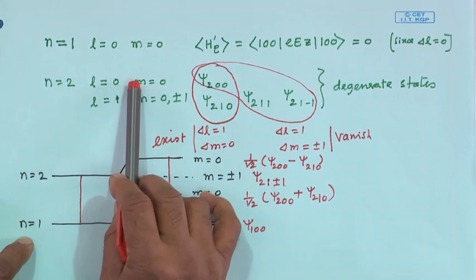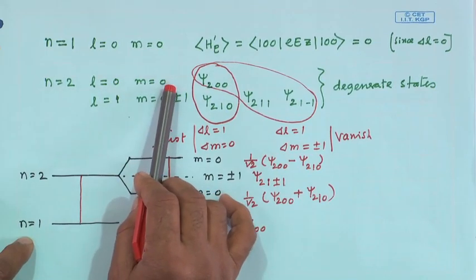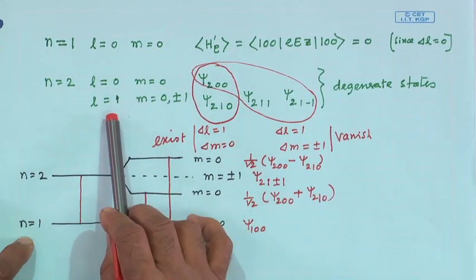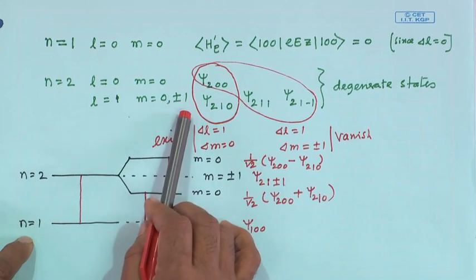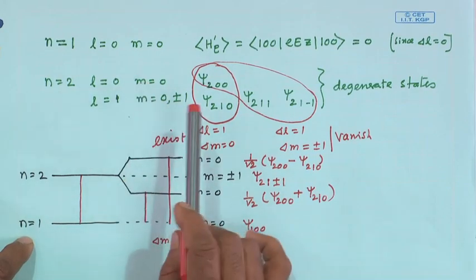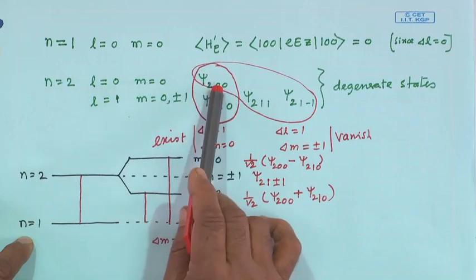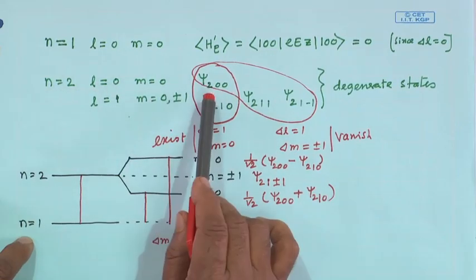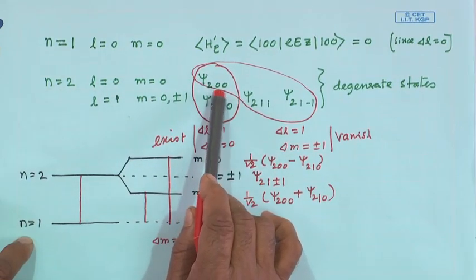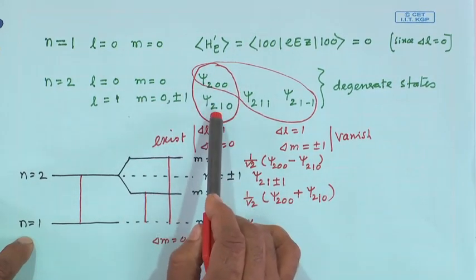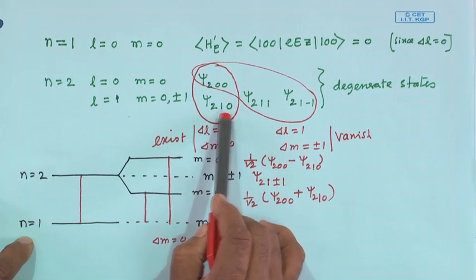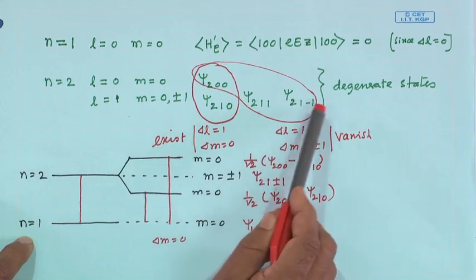For L equal to 0, m equal to 0, and for L equal to 1, m equal to 0, plus or minus 1. The wave function for n equal to 2, L equal to 0, m equal to 0 is psi 200, and for the other case, n equal to 2, L equal to 1, m is 0, plus 1, minus 1.